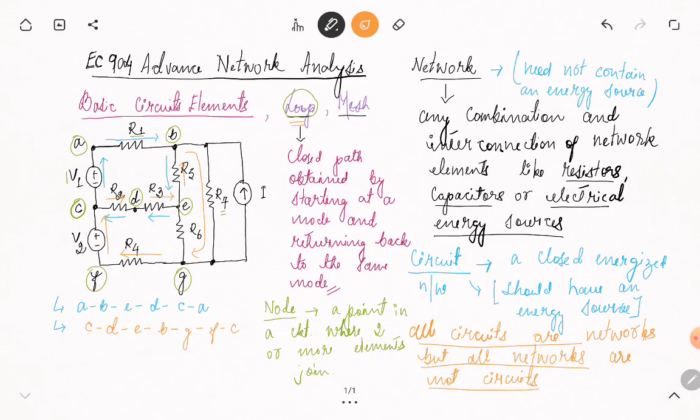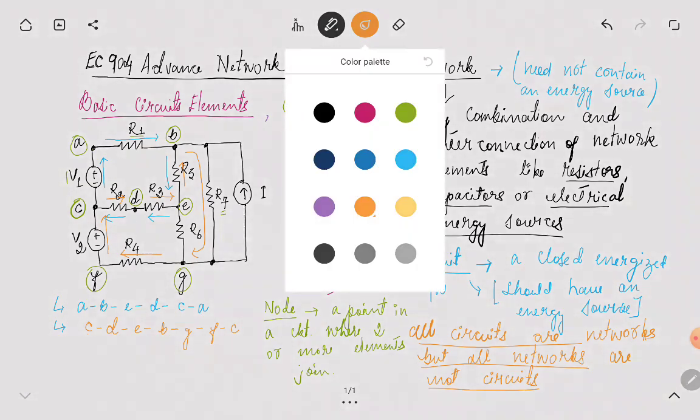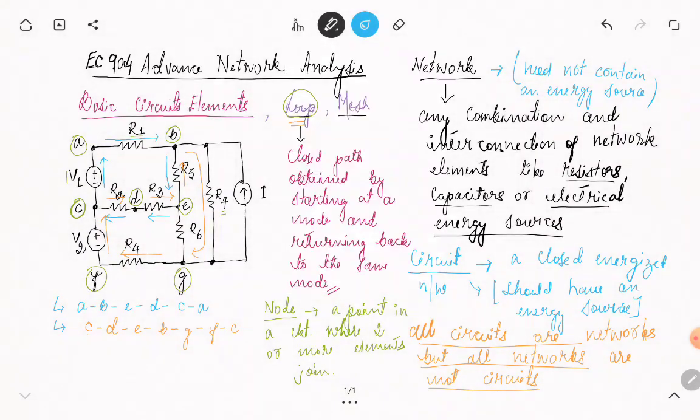Now, what is meant by mesh? Let's see what a mesh is. A mesh is the smallest loop.